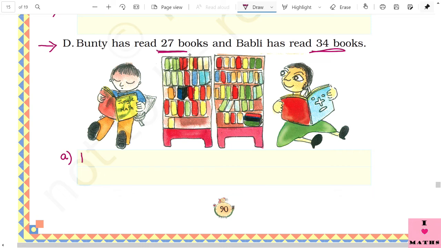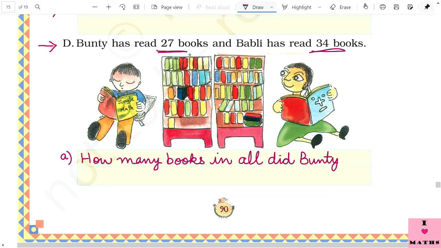So, we can say how many books in all did Bunty and Bubbly read together?